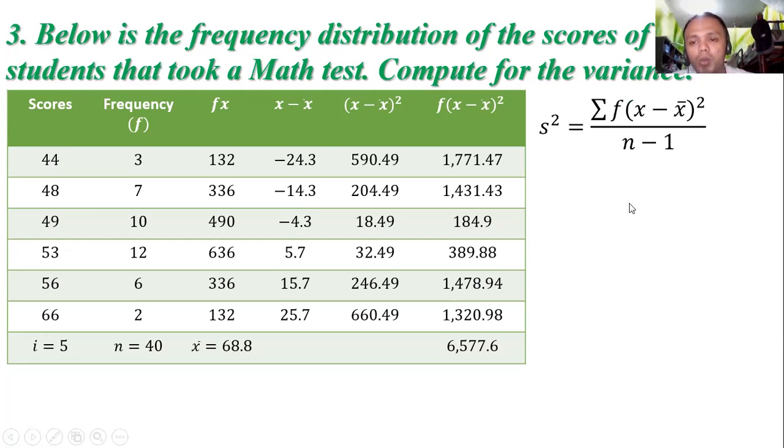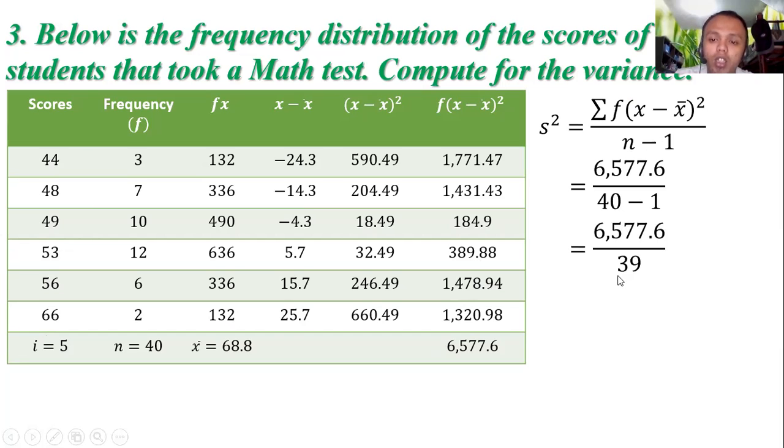Just like what we did sa number 1 and number 2, substitute natin yung summation of frequency times the square deviation. That would be equal to 6,577.6 all over your n, which is 40. So 40 minus 1 is 39. Then divide natin, that would be equal to 168.7 for your variance.